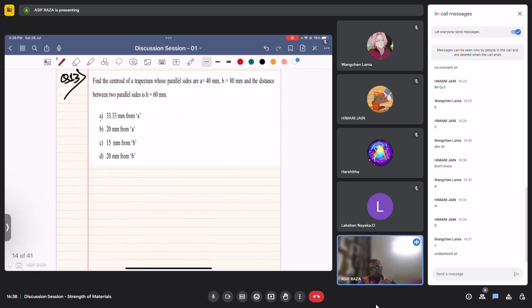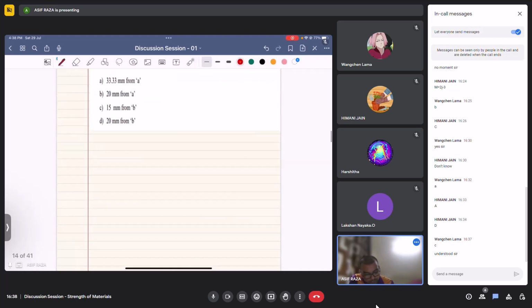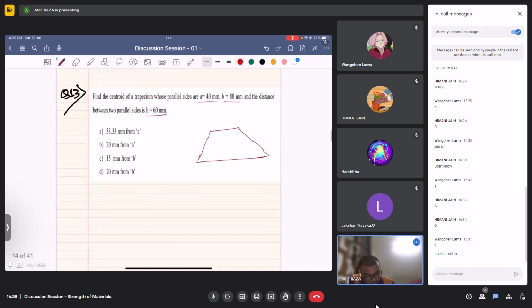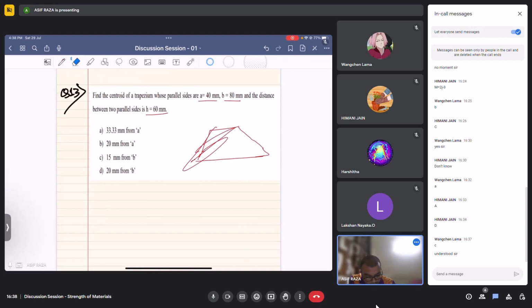Find the centroid of a trapezium whose parallel sides are A equal to 40 mm, B equal to 80 mm, and the distance between two parallel sides is h equal to 60 mm. And options are as given. Let me draw the diagram first.